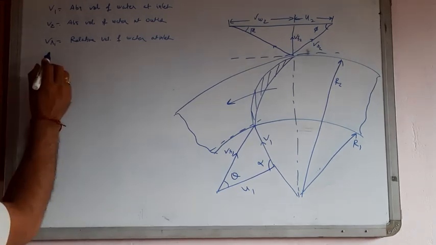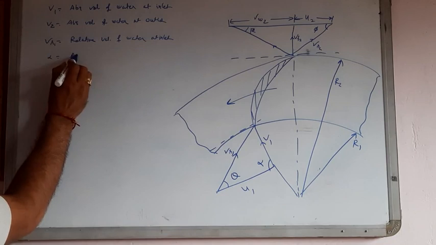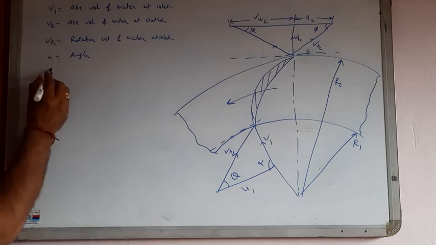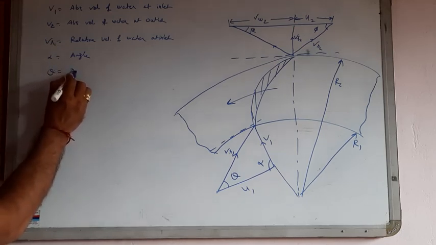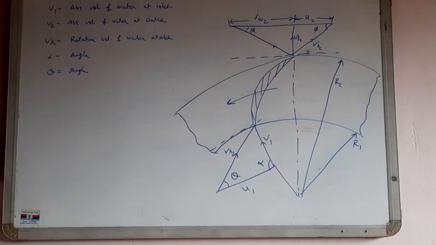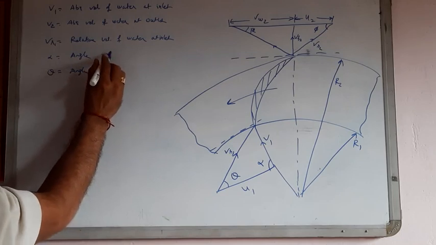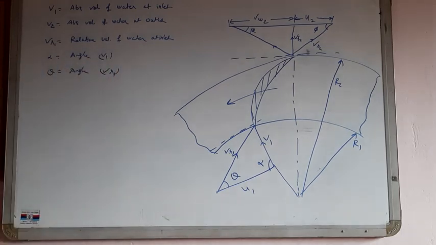Alpha is angle made by absolute velocity V1 at inlet with direction of motion of vane. Then angle theta is angle made by relative velocity VR1 at inlet with the direction of motion of vane.